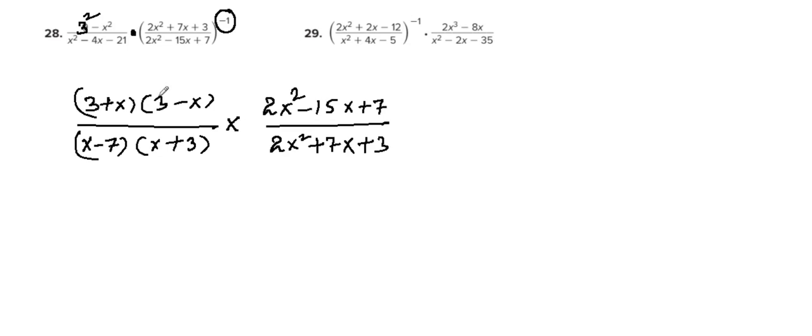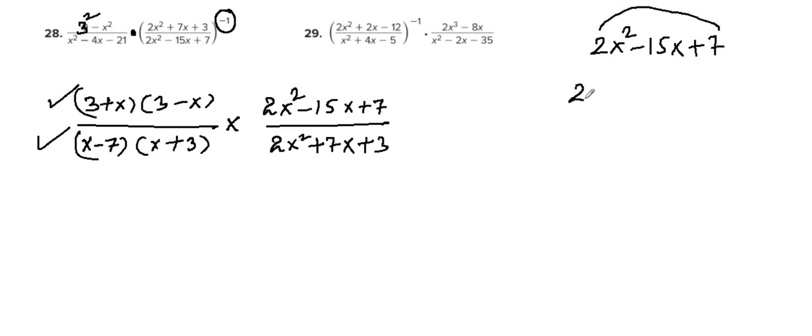This is already factorized. Now I have to factorize this, so be very, very careful. 2x square minus 15x plus 7. Multiply 7 and 2, 14. So I will take minus 14x minus 1x. When you multiply, you get 14.